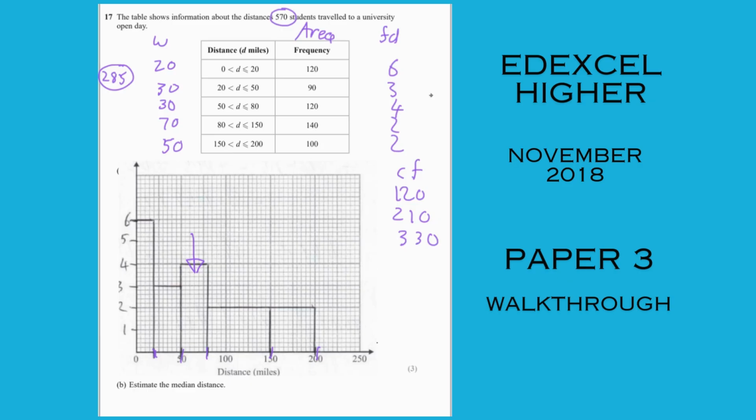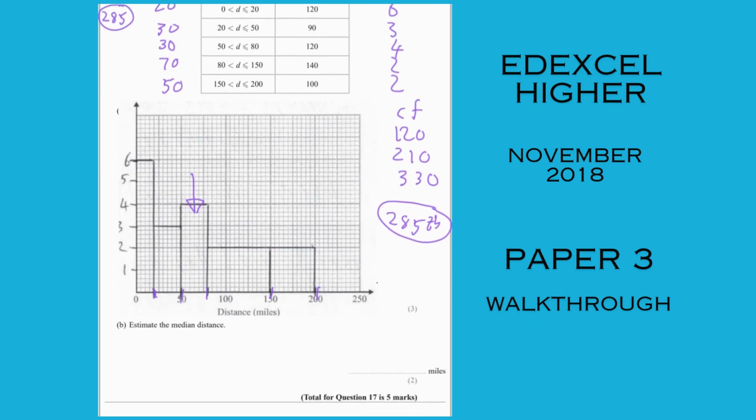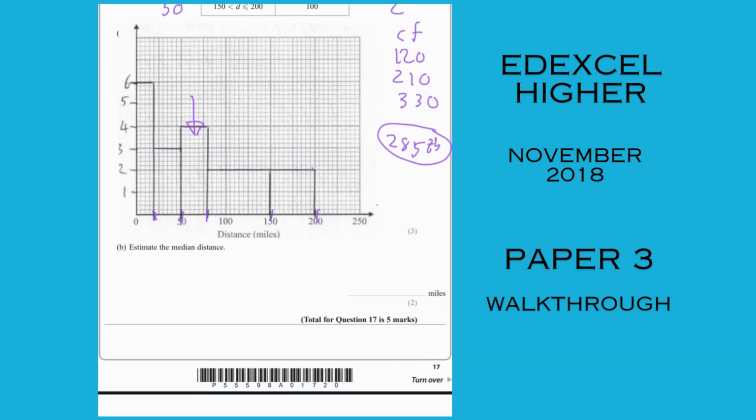And we are targeting the 285th person. So here's how I go about this calculation. The lower limit for the median is 50. So we need to add a certain amount onto 50 for our estimate.